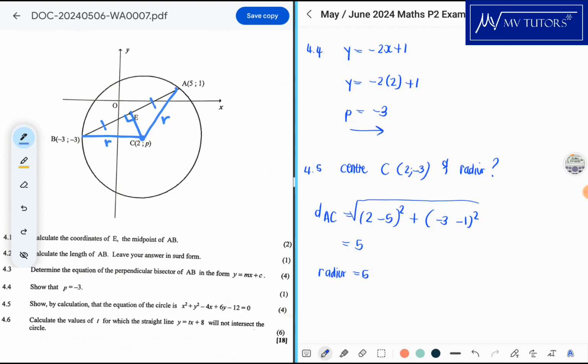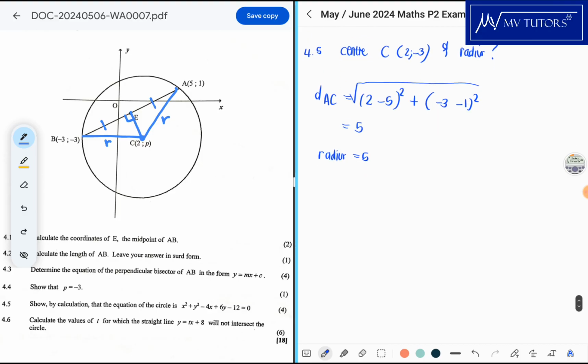is 5. Now we can go ahead and write the equation of a circle whose center is not at the origin. So we have x minus 2 squared plus y minus -3, which is y plus 3 squared, is equal to the radius squared. Okay, 5 squared. And now we can take out the brackets.